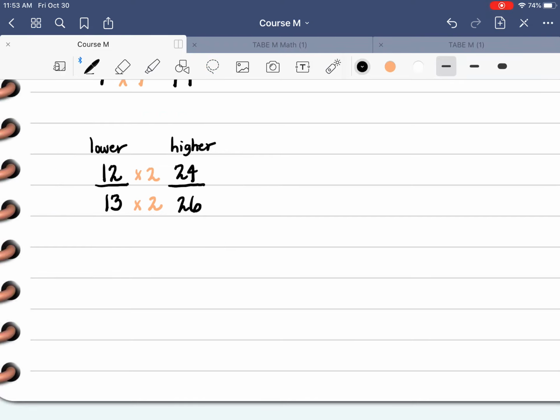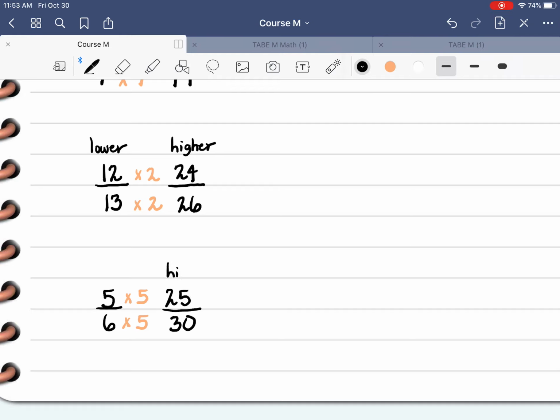Let's do 5/6 equals something over 30. So we want to say 6 times 5 gives us the 30. So 5 times 5 gives us 25.